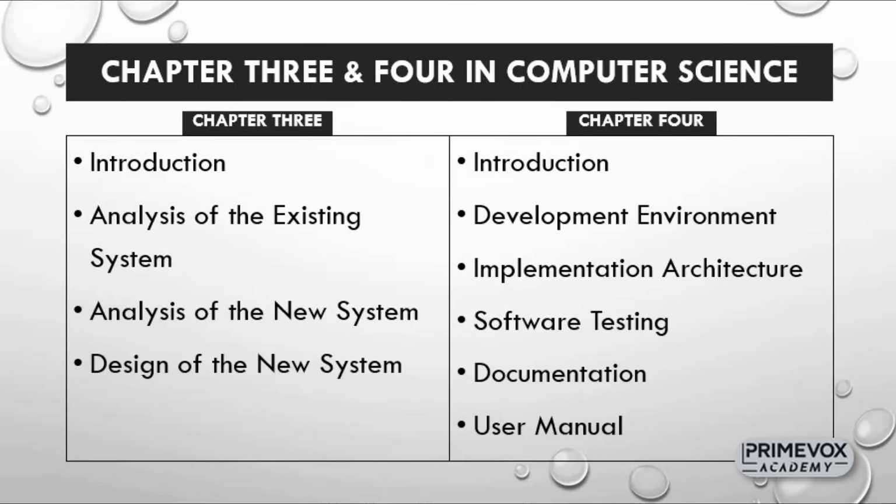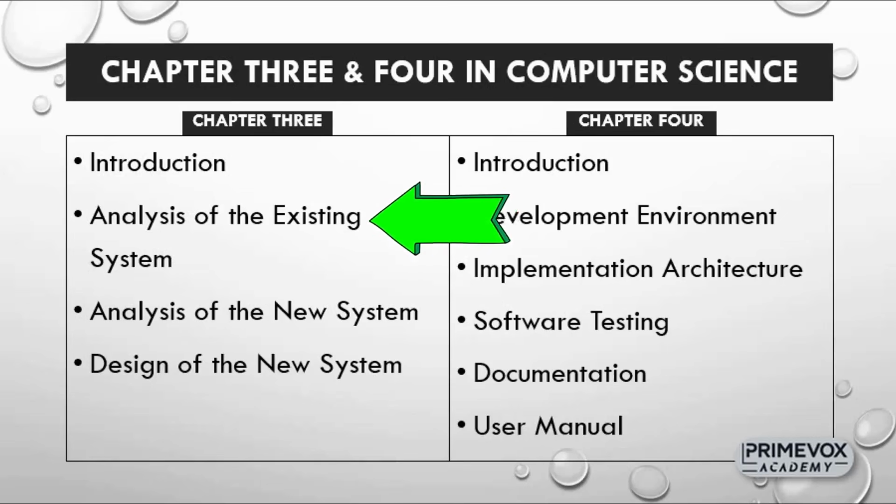For computer science, what you will have after your introduction is analysis of the existing system, because what they normally do in computer science is to develop an application, maybe a web application or mobile application, usually software development. You analyze the existing system.